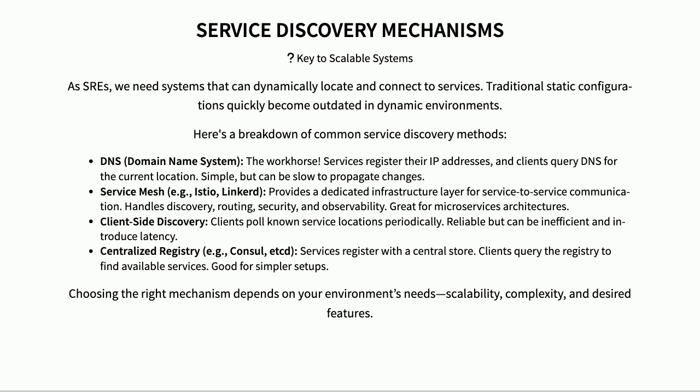That's where service discovery comes in. It's basically a way to automatically find the current location of a service without needing to constantly update your configuration files. We have options like using DNS, which is pretty common and straightforward, or more advanced solutions like service meshes or centralized registries, each with their own strengths and weaknesses. The best choice really depends on how complex your system is.